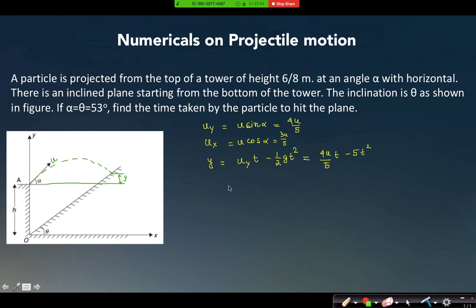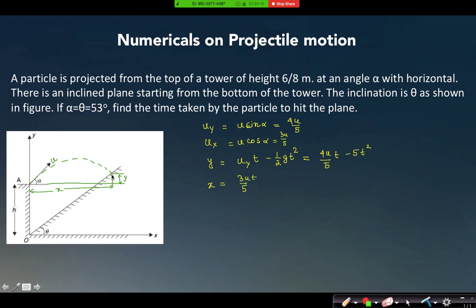That is the y displacement. Can anyone tell me what is the x displacement for the particle? This part is the x displacement of the particle: 3ut by 5.